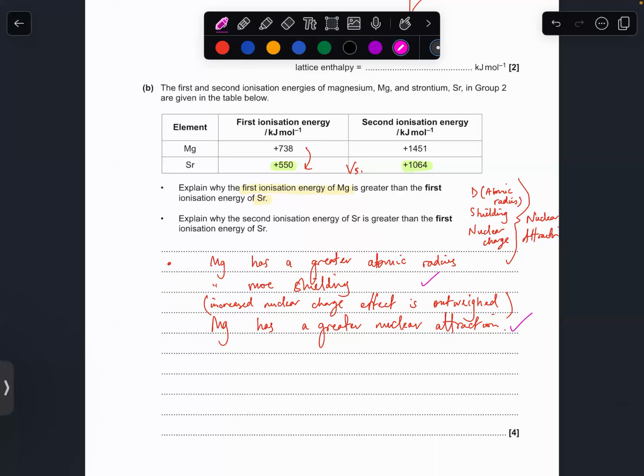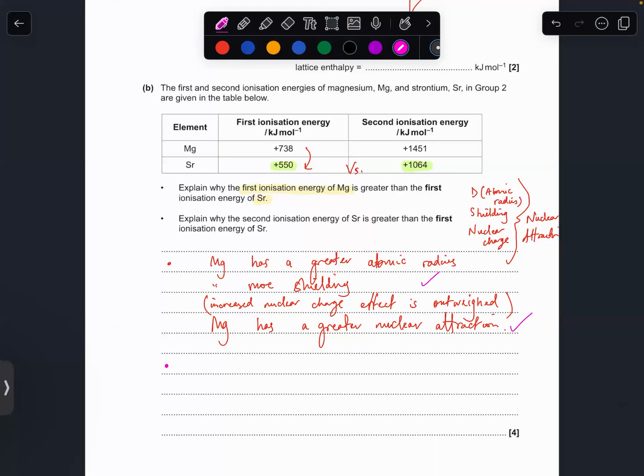Now the second point is comparing the second ionization energy versus the first one for strontium.